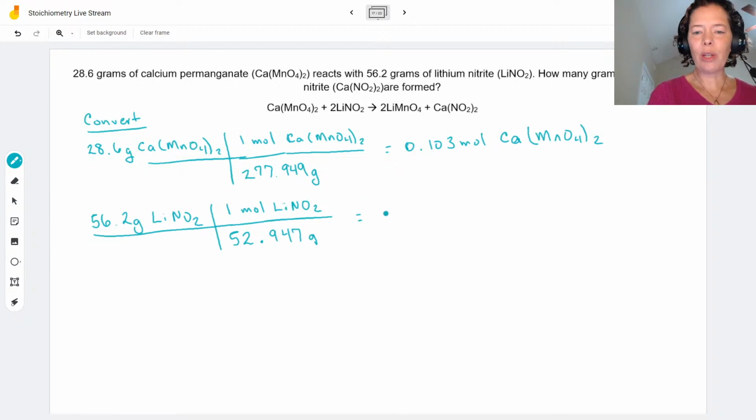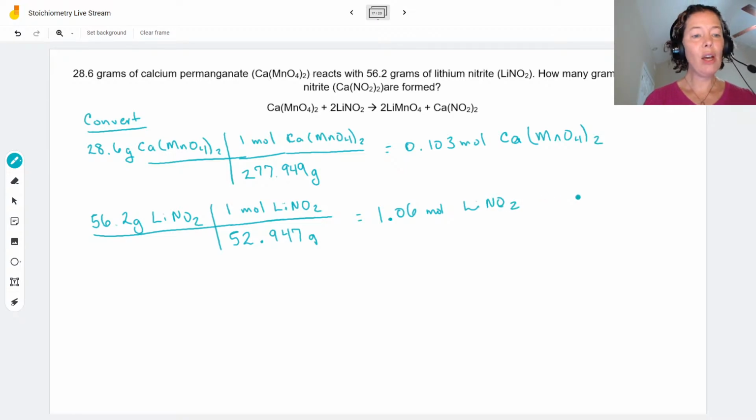Okay, and that will give us 1.06 moles of lithium nitrite. Okay, first step is done. We've converted our grams into moles. Now it's time to do our test calculations.